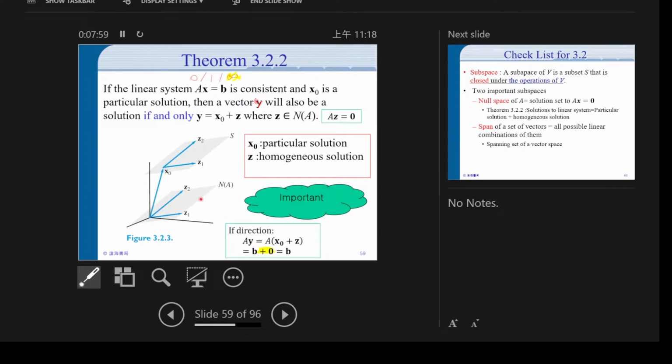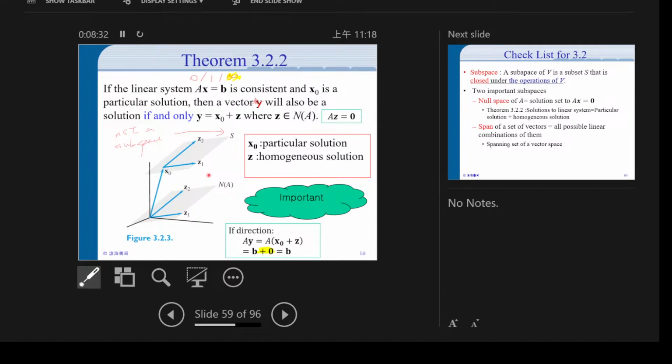Okay, and anyway, so N(A) is a subspace, but the solution set of Ax equal to b is not a subspace in general. A nice thing to know here is that it's not a subspace, but it's a set that is being shifted by some amount.